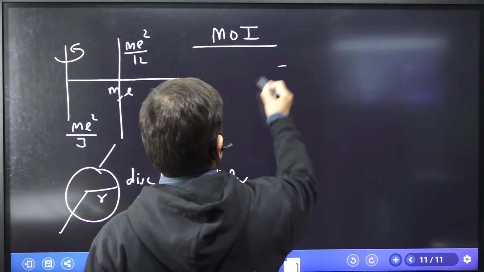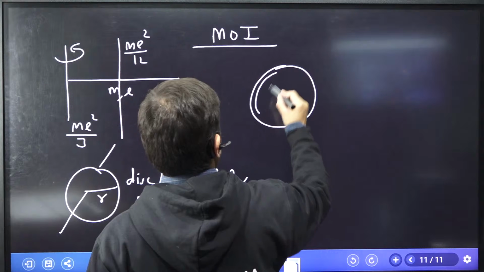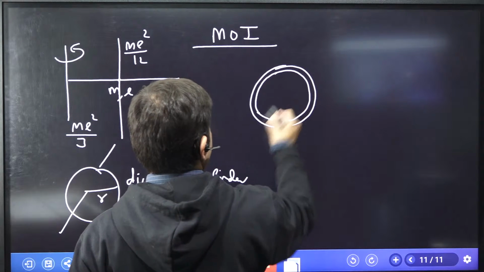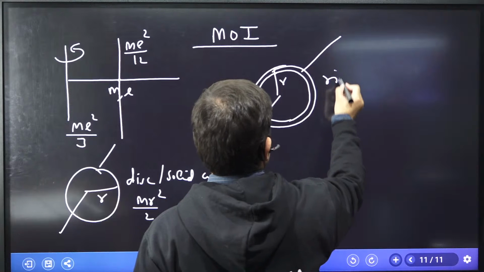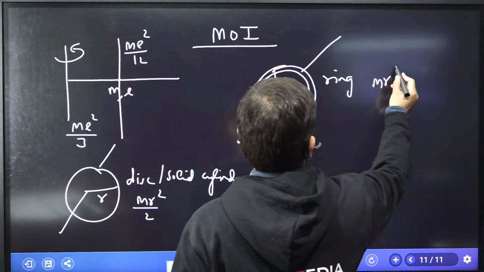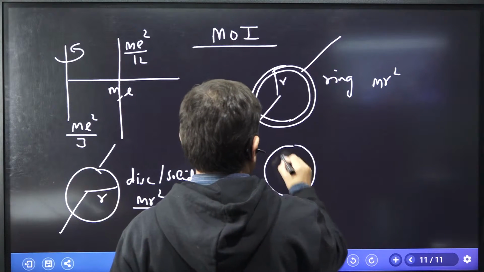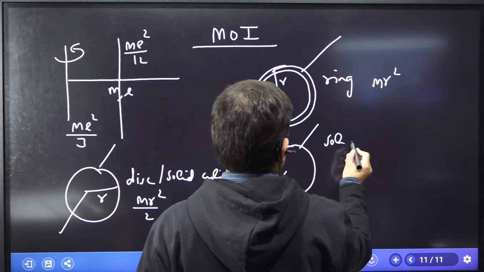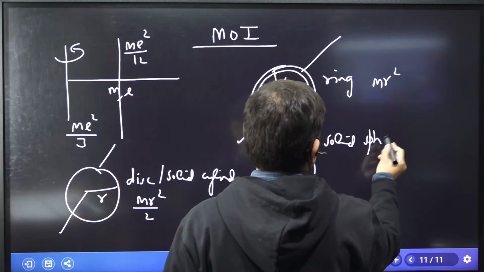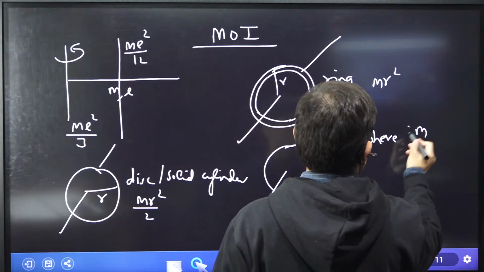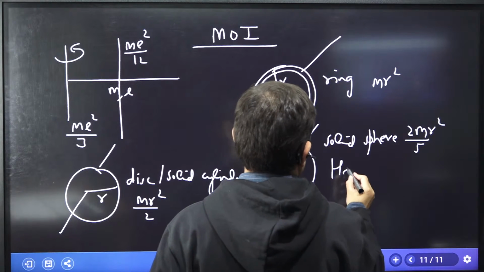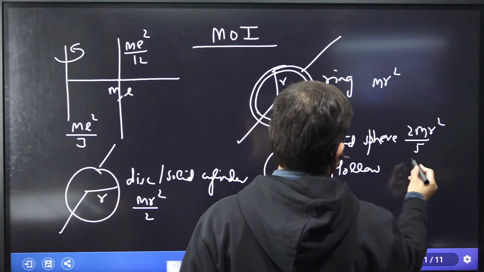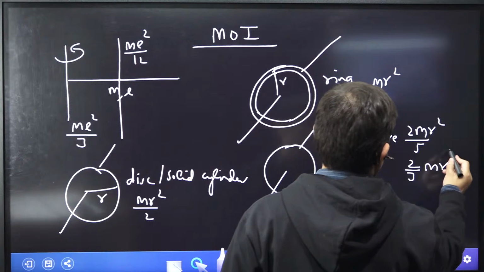Then I ask you about the ring. Ring and hollow cylinder are the same thing. So this is radius r, mass m. If I talk about the ring, it is mr square. Now solid sphere: solid sphere is 2 by 5 mr square, and hollow sphere is 2 by 3 mr square.